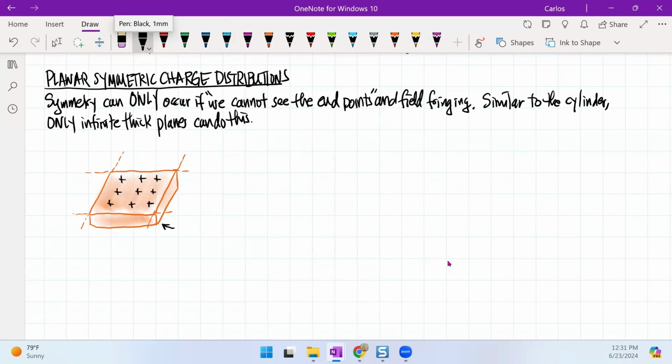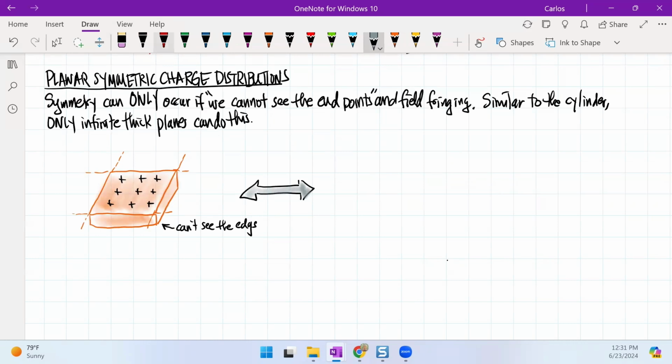And what we're saying here is that we can't see the edges. So then, as we said before, the symmetry of the charge distribution must be the same as the symmetry of the Gaussian.